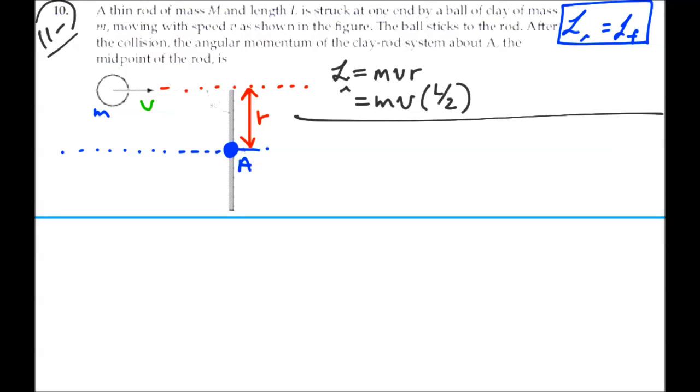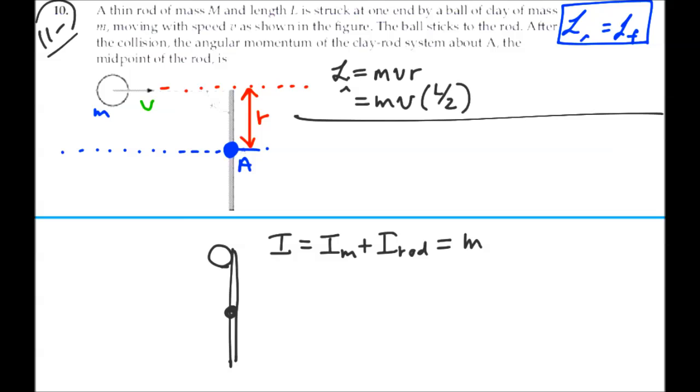After the collision, we're going to have this rod, and it's going to have this mass on it, and the moment of inertia is going to be different. The moment of inertia is going to be the moment of inertia of the mass m plus the moment of inertia of the rod, and that would be equal to mr squared plus 1/12 ML squared.